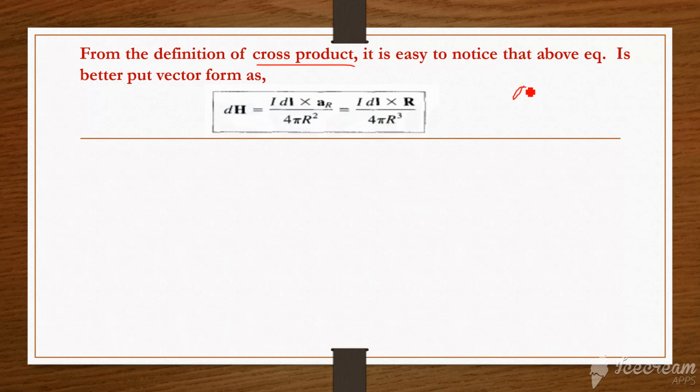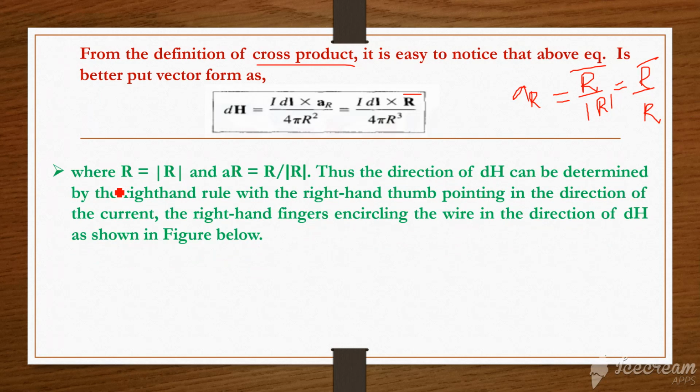Again, AR is nothing but the unit vector, R vector divided by mod of R. So mod of R can be written simply as R, and substituting this in the expression, it becomes R vector divided by R cube. R vector by R, and already one R is there, so multiplying these two we get R cube.